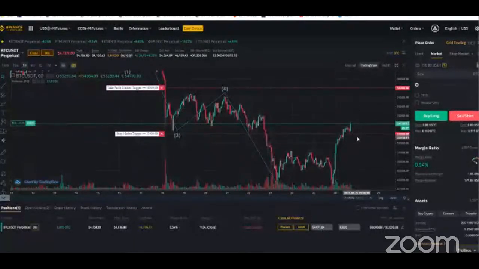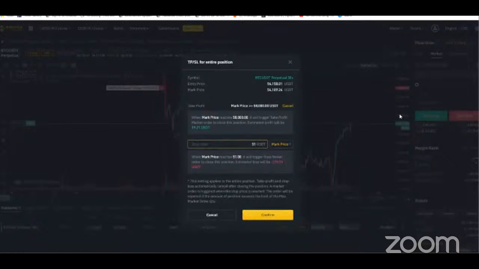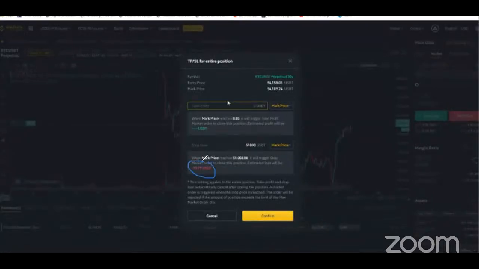So if you increase your risk, let's say you change it from 53,000 to 51,000, you can see that you are now risking $15 of your account. By that mathematics, to be sure that you are still following the ideal risk reward ratio, you also need to increase your target.